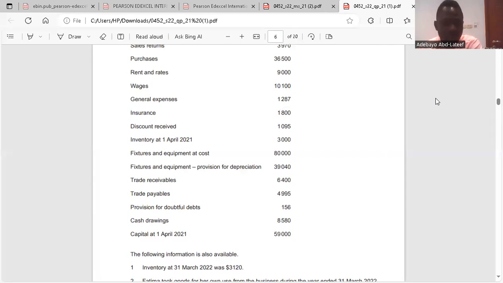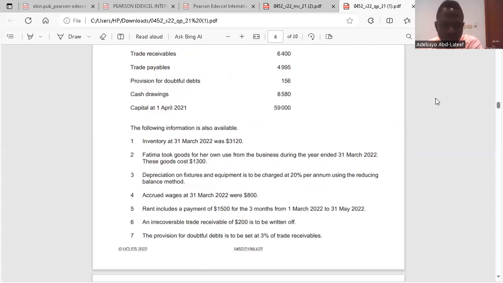Then we have goods for own use in the additional information, which is 1,300. So 8,580 plus 1,300 gives us our total drawings, 9,880. That will be on the debit side.